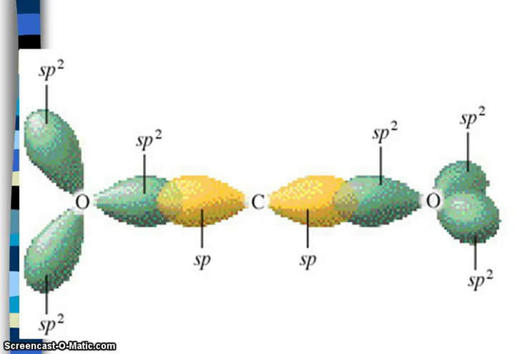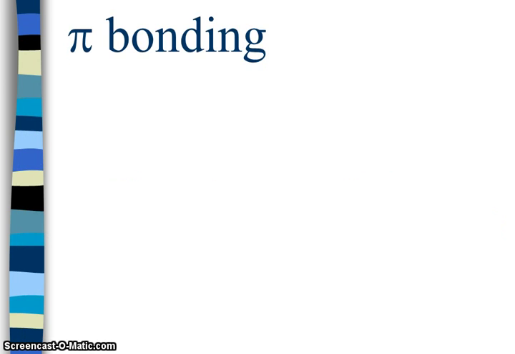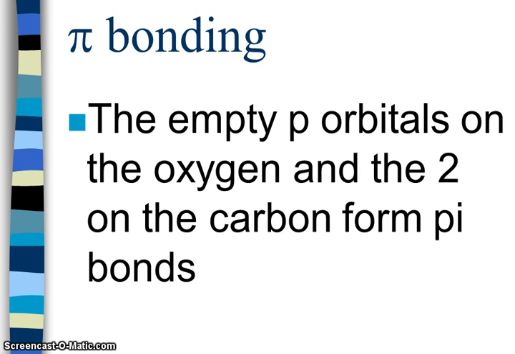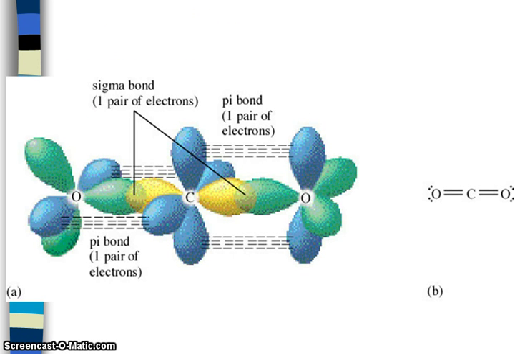The two other sp2 hybridized orbitals on oxygen will be occupied by lone pairs of electrons. Now we want to talk about the unhybridized orbitals on oxygen and carbon. So the p orbitals on the oxygen and the two on the carbon form pi bonds.